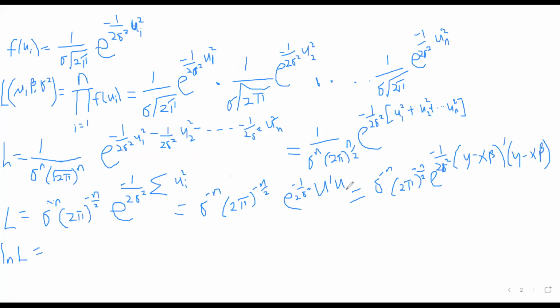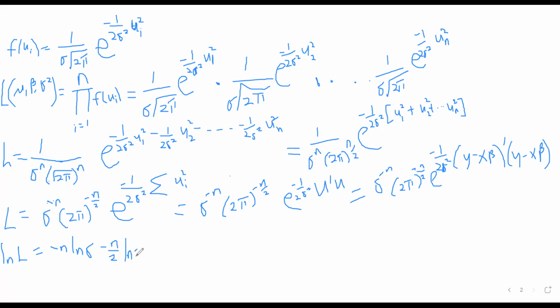So if I took ln of this, it becomes negative n ln of sigma, using the rules of logarithm. These are products, so I have to use plus, and this has a negative already. Take your time. You have done core math and elective math.